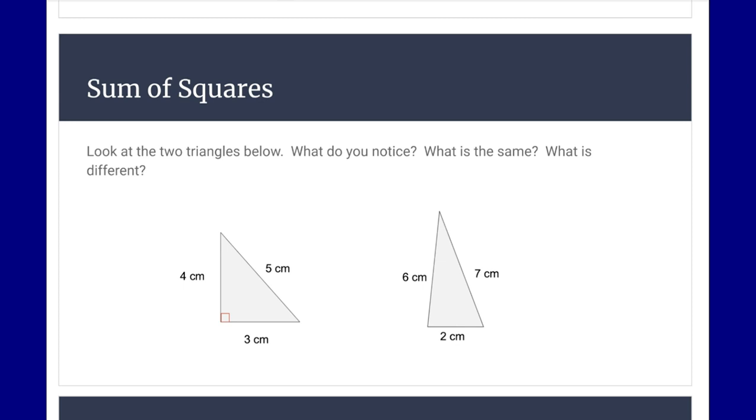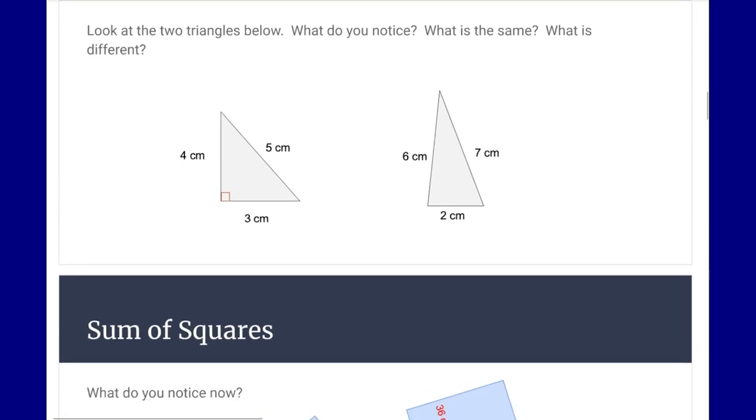You might notice that one has a right angle, so one's a right triangle, one's another triangle. The name of a triangle with all three sides being different is escaping me right now. But we have a right triangle and a non-right triangle.